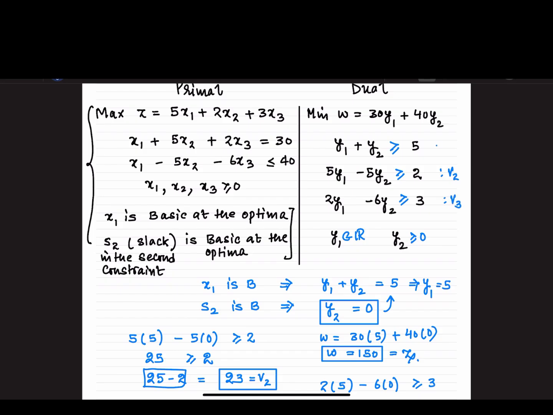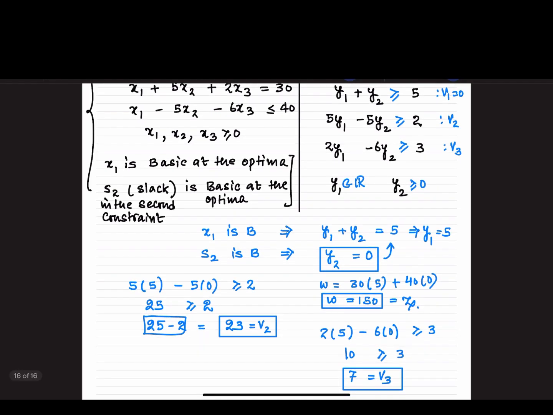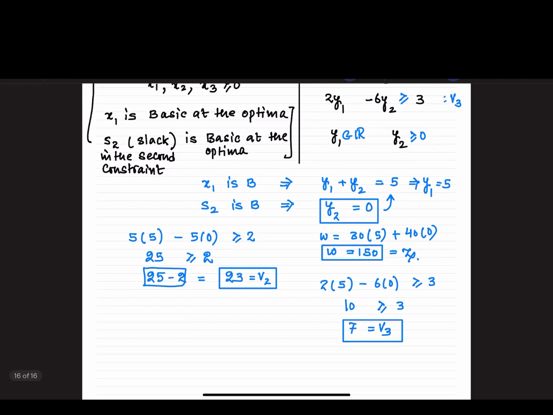Is there any surplus in the first constraint? The answer is no. Why is the answer no? Because the first constraint became an equality, so there was nothing as a surplus in the first constraint. Okay. V2 is 23. V3 is 7. Now if you want to write all the variables, just write them. So y1 came out to be 5. y2 came out to be 0.